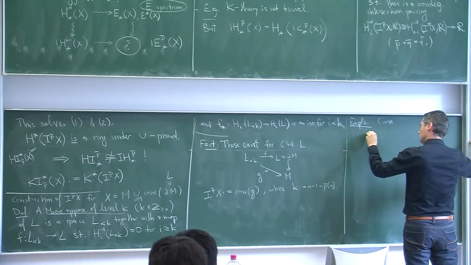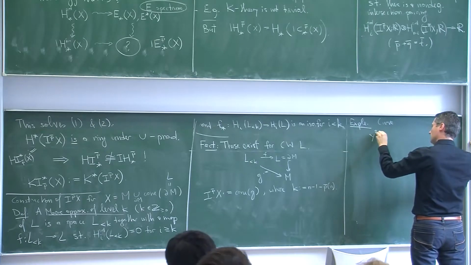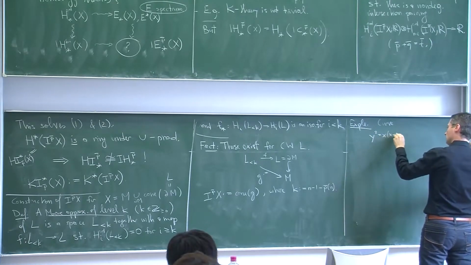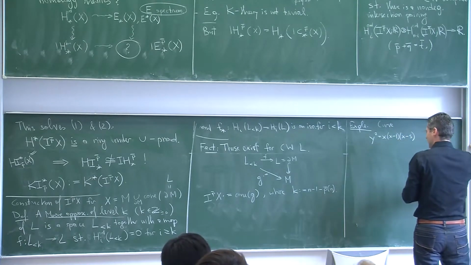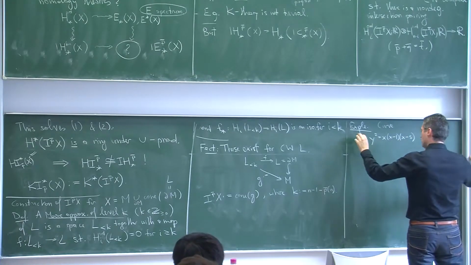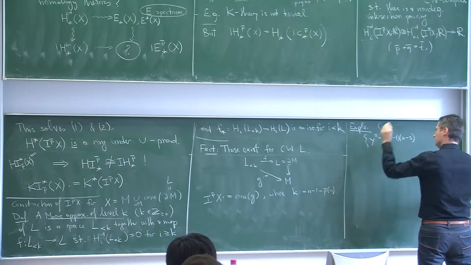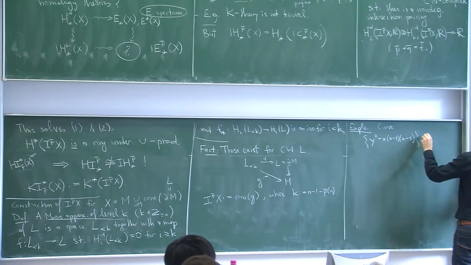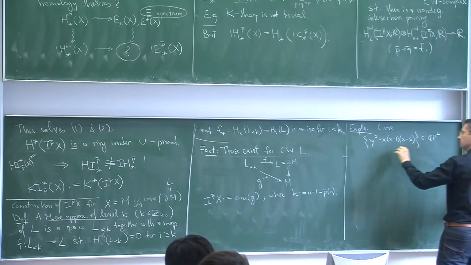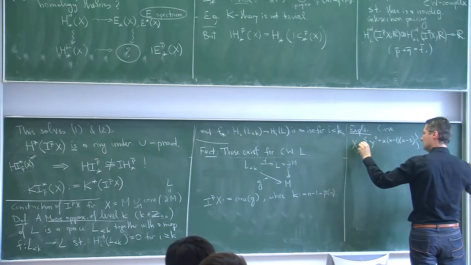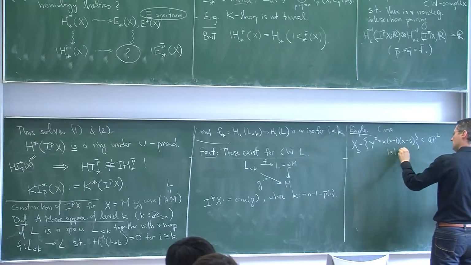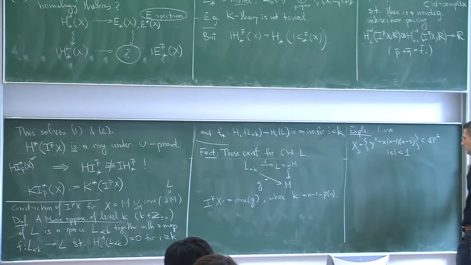So I want to look at the curve y squared equals x times (x minus 1) times (x minus s) in CP2. This is a curve X_s, but it depends on a parameter s. So s here is a complex parameter, let's say less than 1.